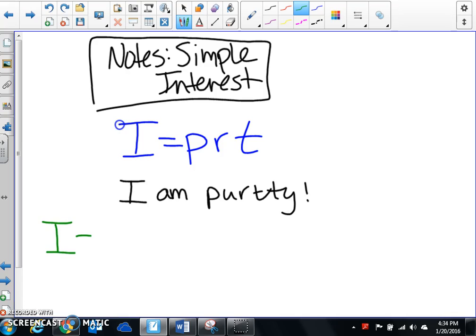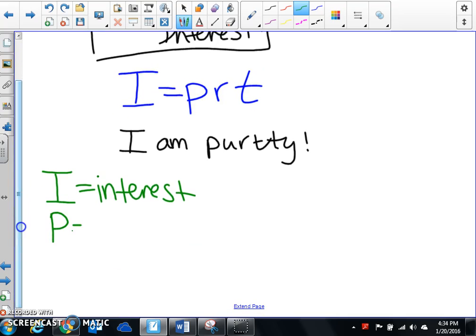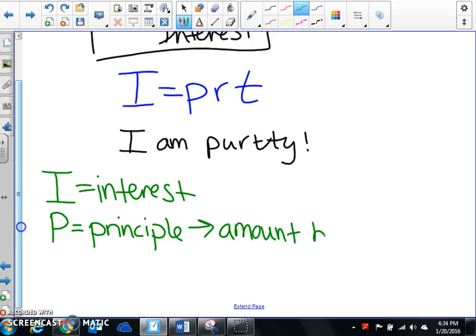I stands for interest. P stands for principal, and in general, that's just the amount borrowed, or leased, or given. Let's just say given. So this is going to be a money amount.